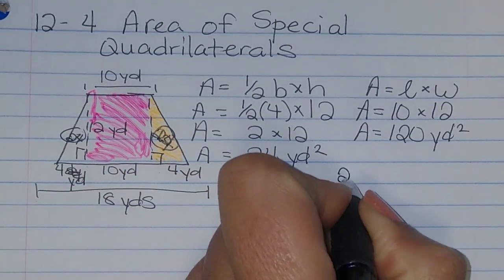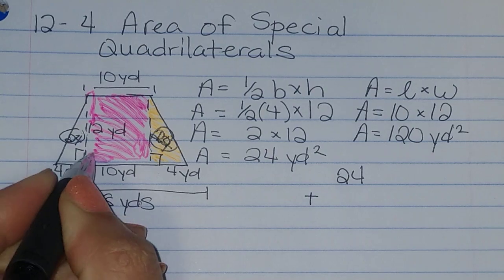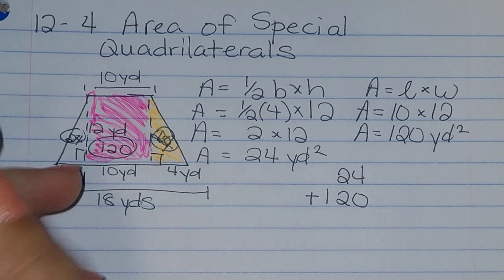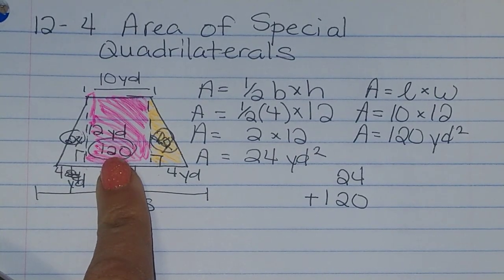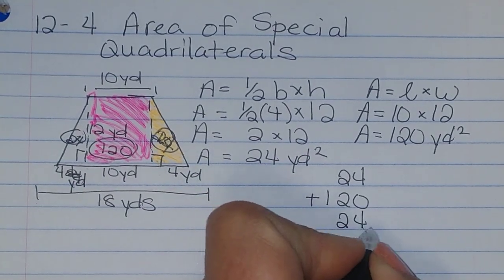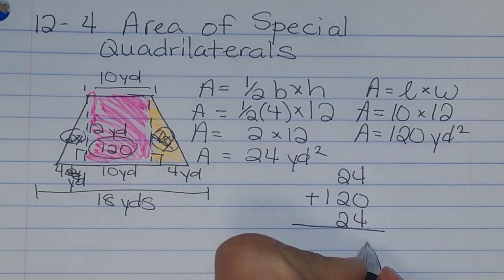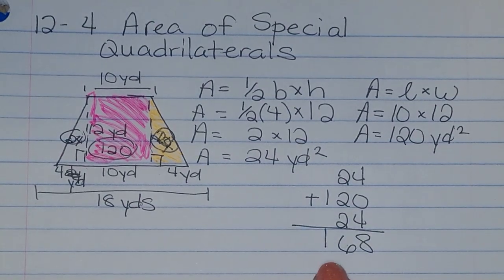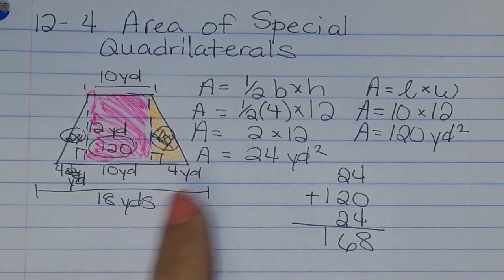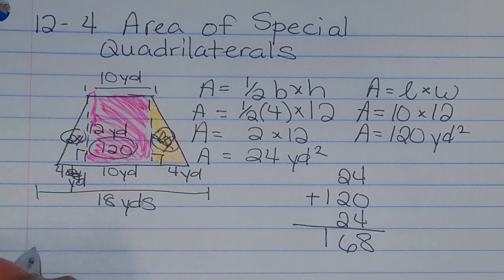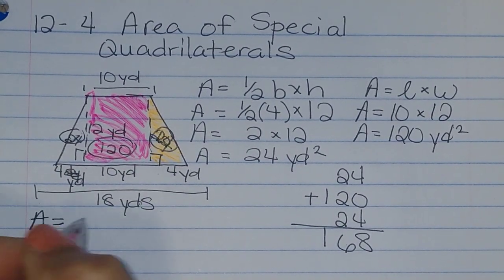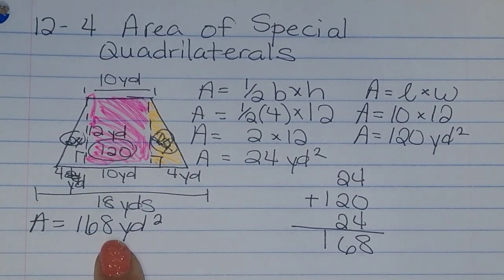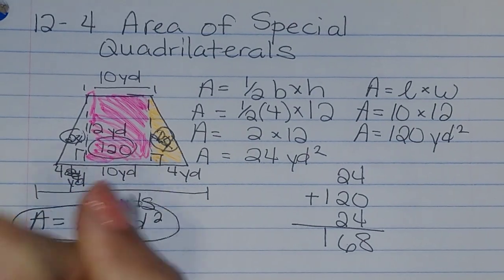So I'm going to have 24 plus 120, and again, sometimes it's easy to put the units in there so we know what we're looking at, plus another 24. 4 plus 4 is 8. 2 plus 2 plus 2 is 6. And 1 plus nothing is 1. So the total area for this shape is 168 yards squared. I'm going to circle that so you can see it.